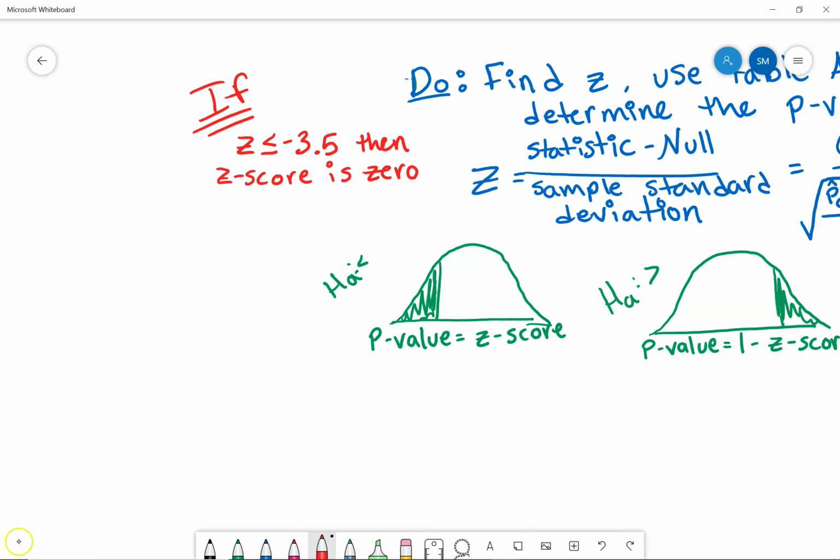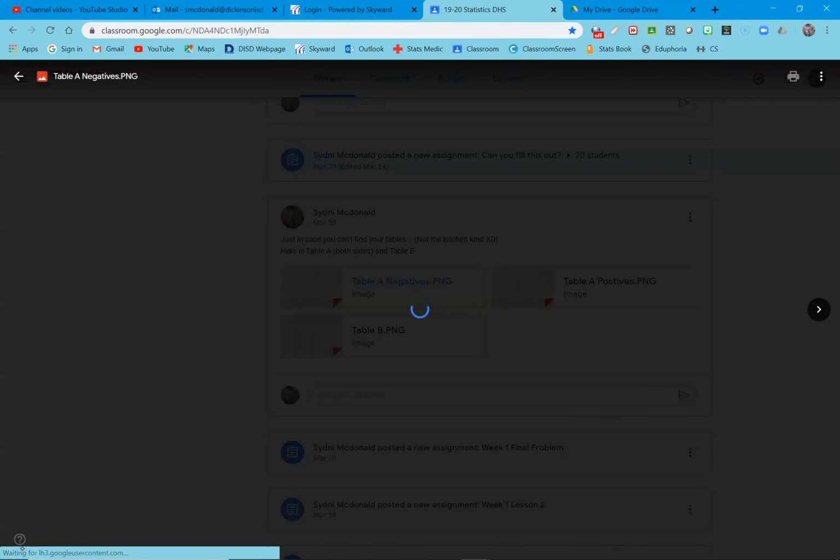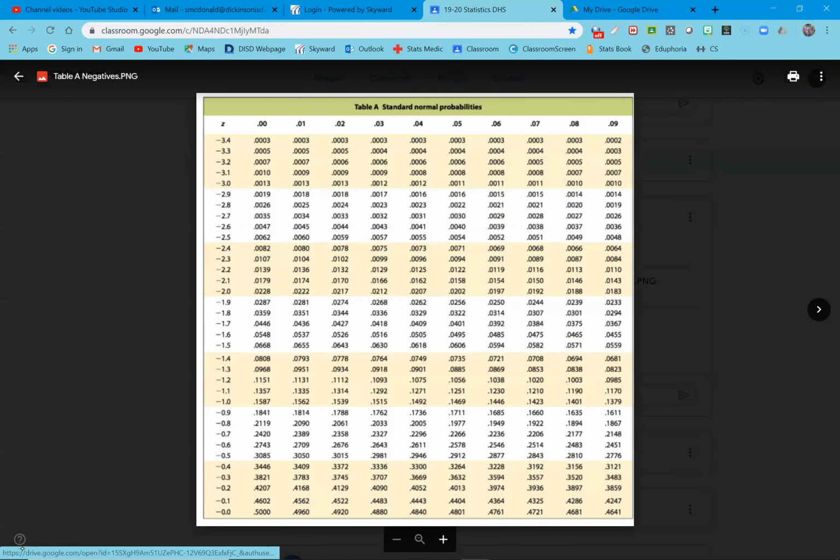If you were to look at table A on the negative side, you could see right here how the numbers count up to negative 3.4. As it goes up to negative 3.4, all of these numbers are getting smaller and smaller, to where by the time you get to negative 3.5, your z value is pretty much 0.